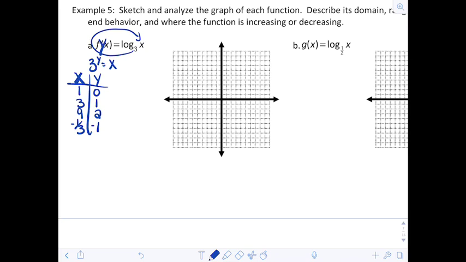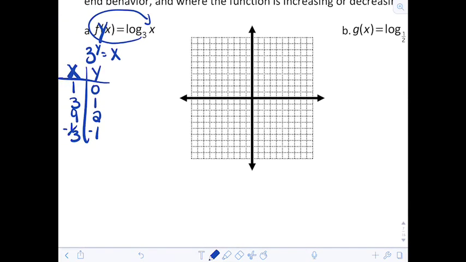So I'm going to graph this function: (1, 0), (3, 1), (9, 2), and, that was not -1/3, that's +1/3, sorry, (1/3, -1). So here is what a logarithmic function looks like.